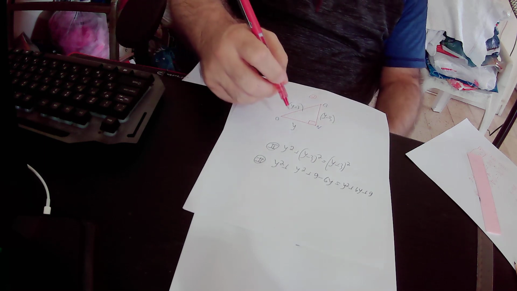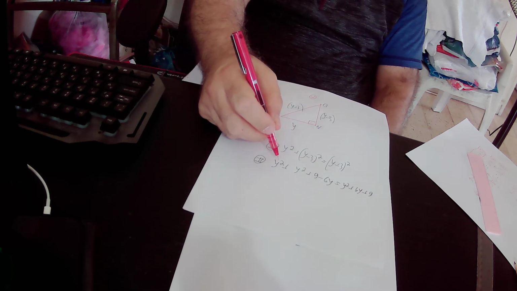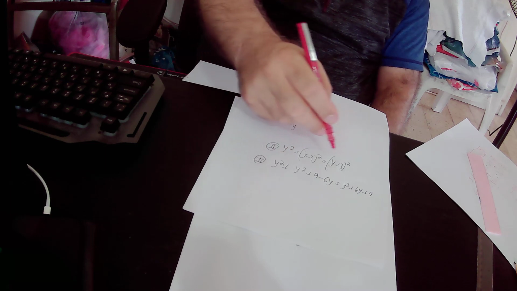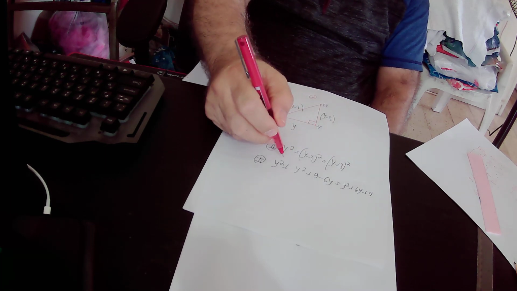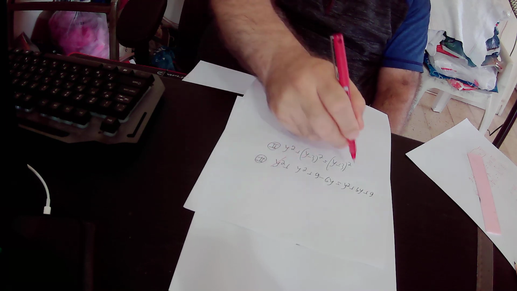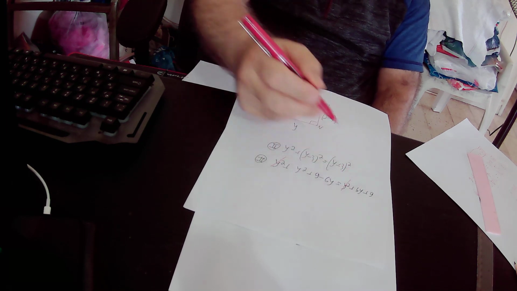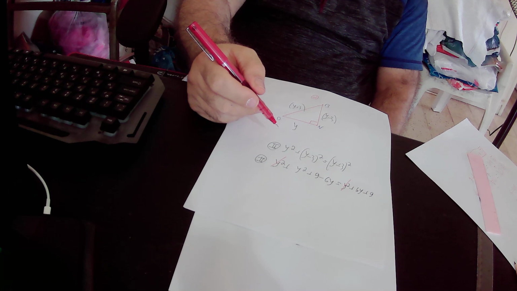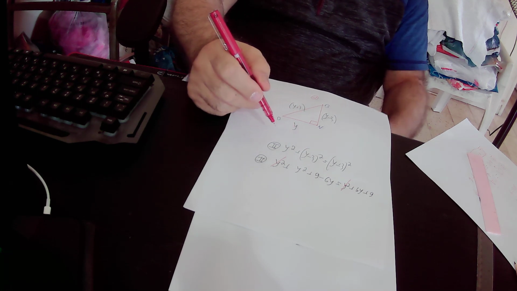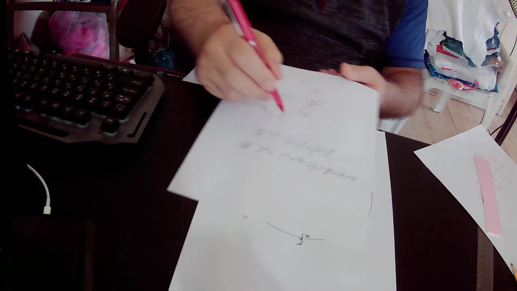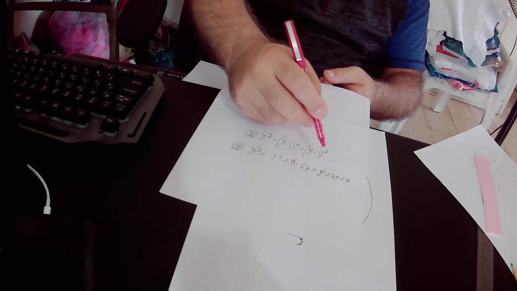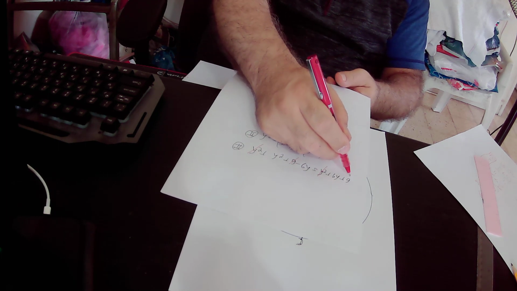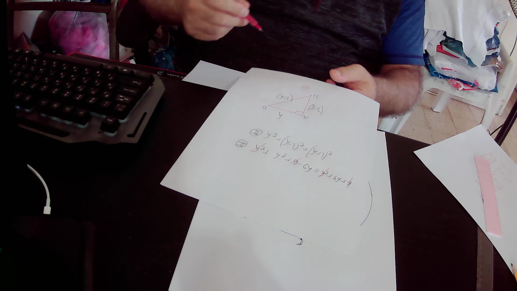So we have here y square, and on the other side of the equation we also have y square, so y square is cancelled. We have here 9, and on the other side we also have 9, so 9 is also cancelled.